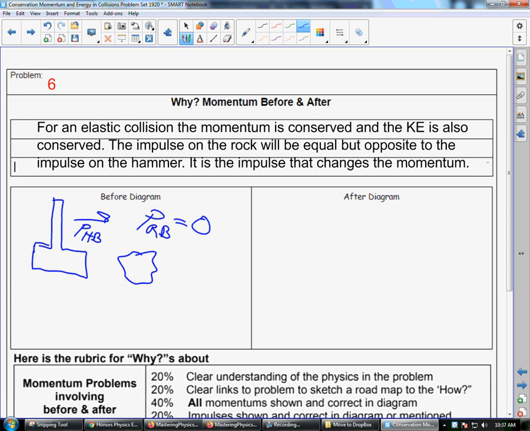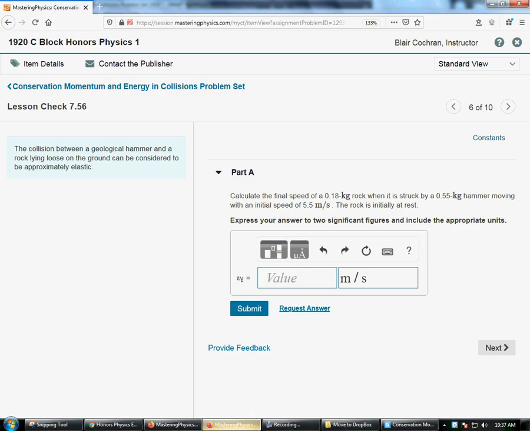And then let's look at the masses. The rock is 0.18 kilograms, the hammer is 0.55 kilograms.